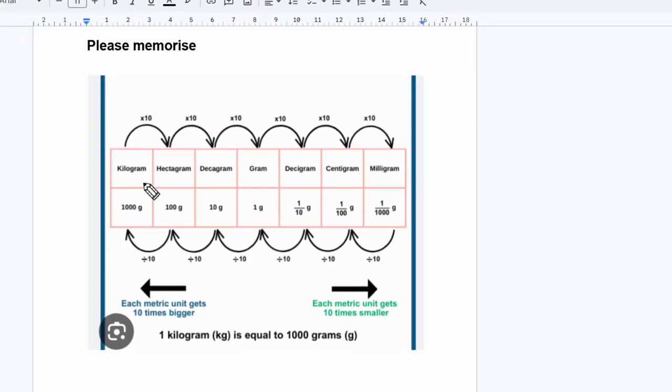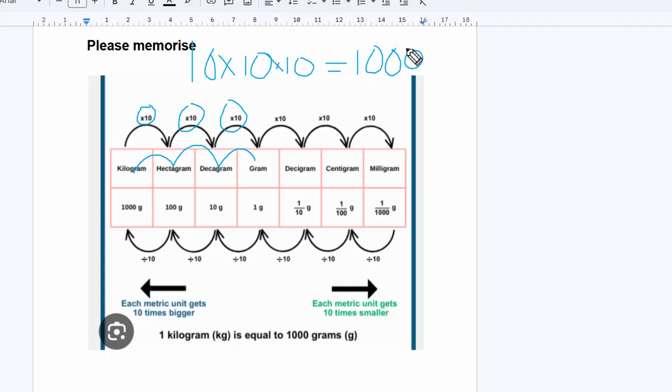If we're going from kilograms to grams, it's going to be 1, 2, 3 jumps. You see those jumps up there? If you want the PDF, you can always message me and I'll give it to you. So what is this? 10 times 10 times 10 is 1000. So whenever you're going from a larger unit to a smaller unit, you multiply.